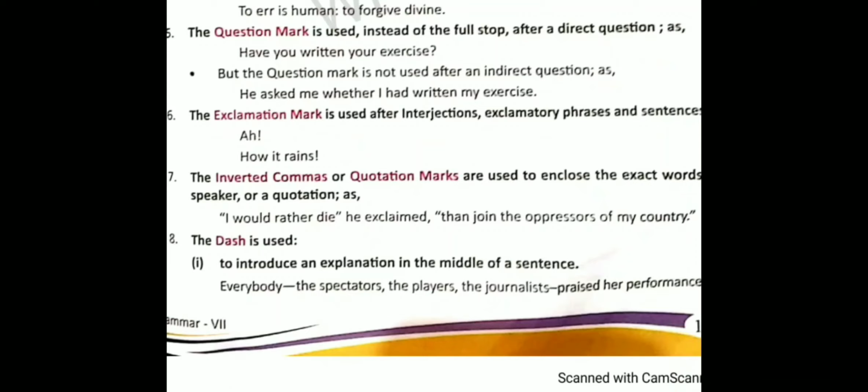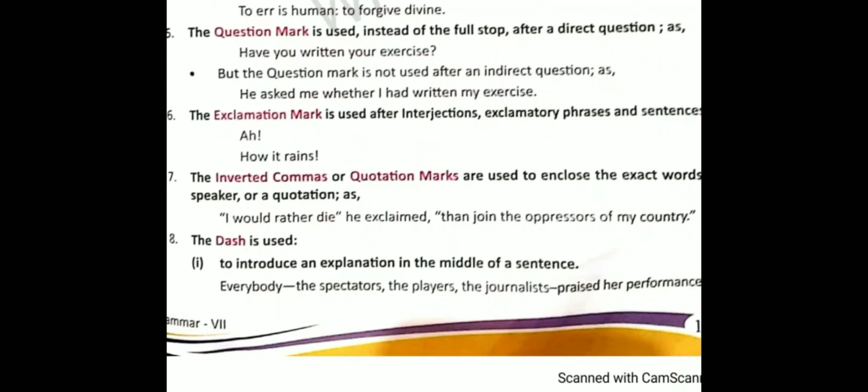Now the sixth one, exclamation mark. This is another one, and it is very easy. It is used after interjections, exclamatory phrases, and sentences, such as, the example is given: ah, exclamation mark, how it rains, exclamation mark.